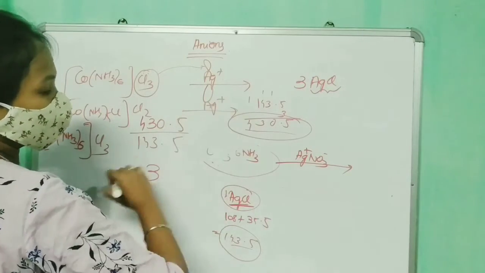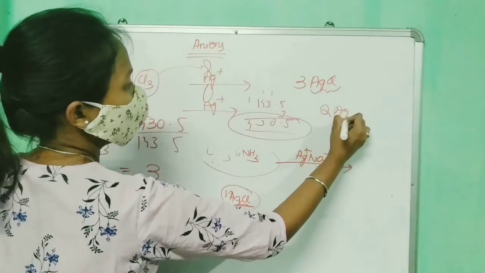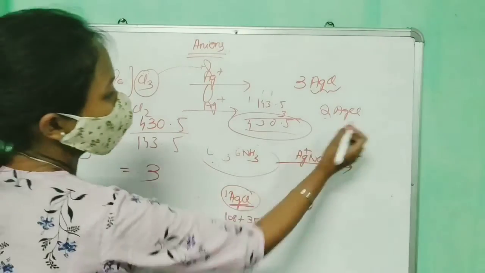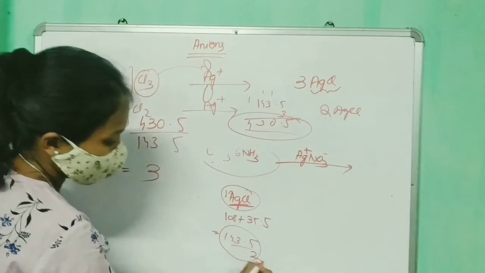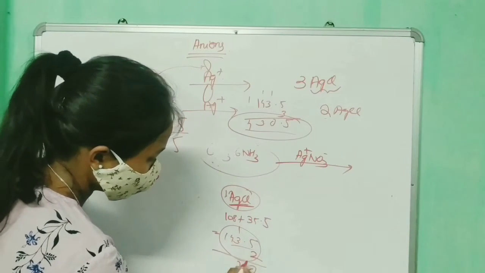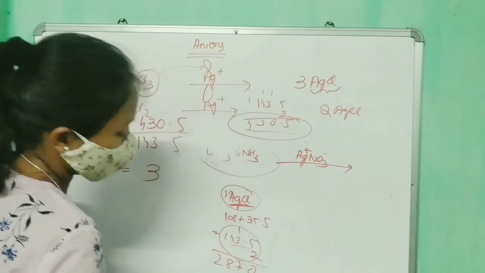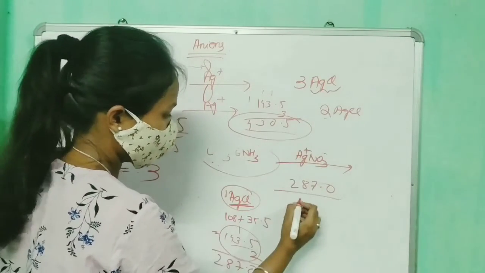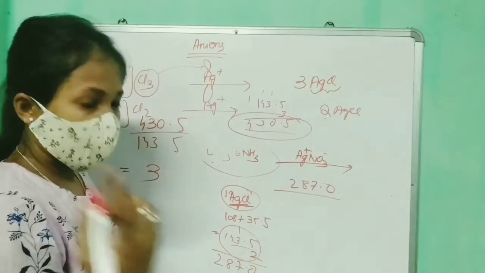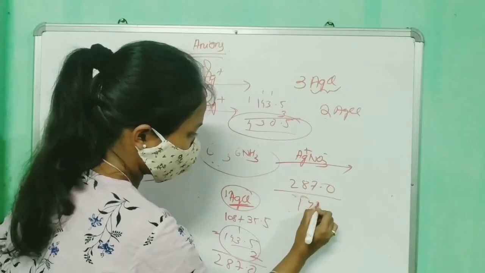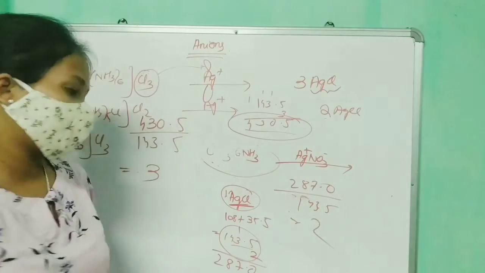Similarly, he took the second complex, that is Co(NH3)5Cl Cl2, where 2 chlorines were ionizable. When he added silver nitrate to it, he got 2 AgCl. So 1 AgCl weighs 143.5 grams, so 2 AgCl will be 287.0, right? So when he divided 287.0 by the weight of 1 AgCl, 143.5, that is 2.